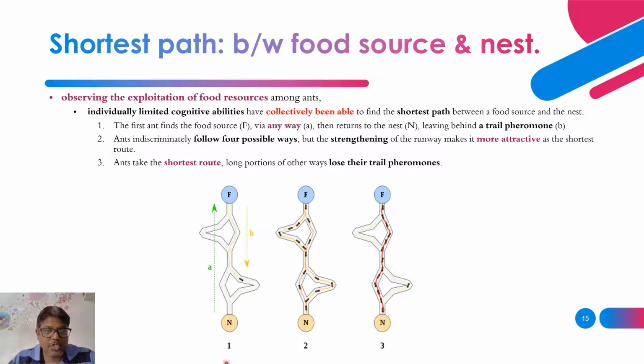The first picture shows N and F, the nest and the food. So the ants follow the path A. Ants reach the food through any path. There are four paths there, and any one path can be used to reach the food, and then the ant returns back to the nest.